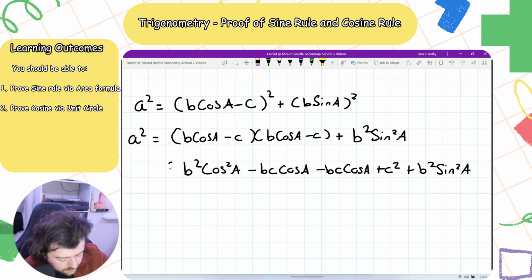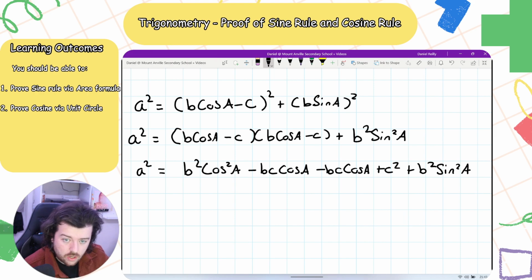So all of this is equal to a squared. We are so close now.